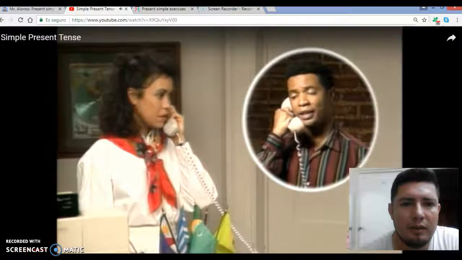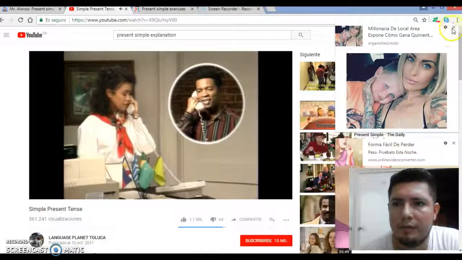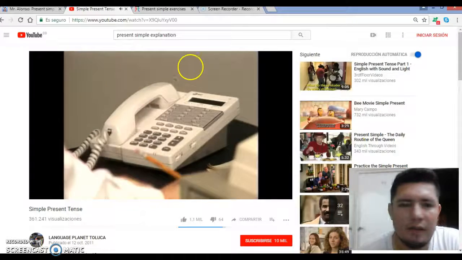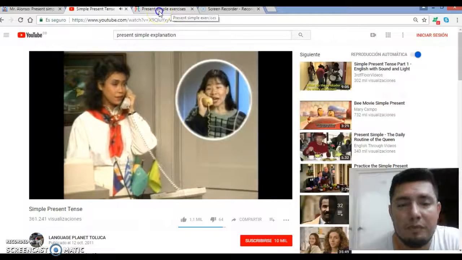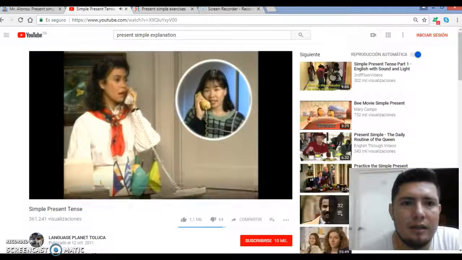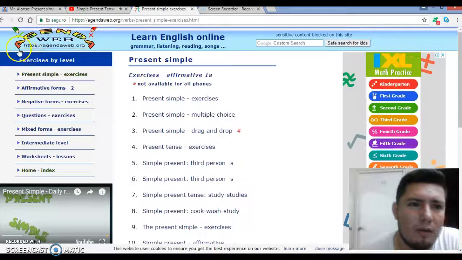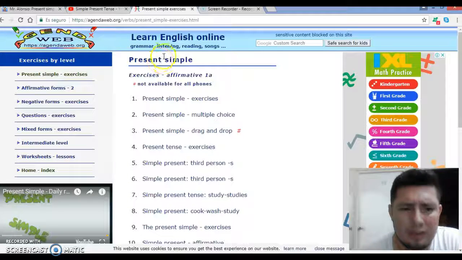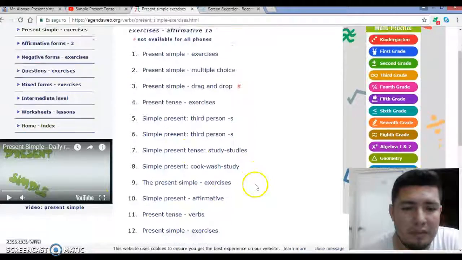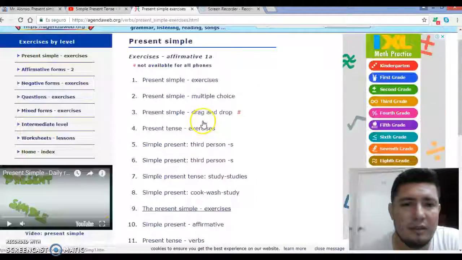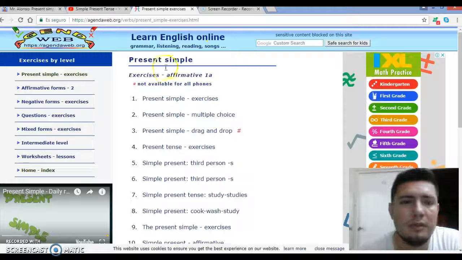Okay, so after this video, the teacher is going to put into practice the exercises with this page called Agenda Web. So there are a lot of present simple tense exercises, multiple choice, drag and drop, exercises with a person, affirmative and questions, exercises with regular and irregular verbs, whatever.